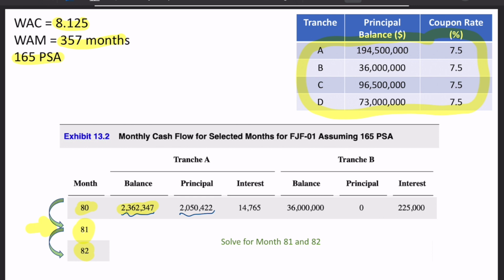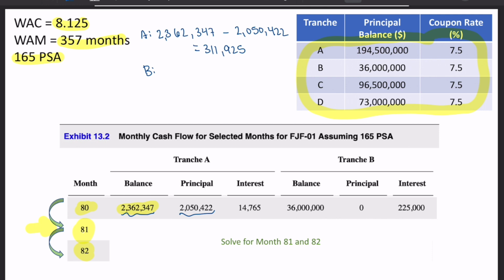So the ending balance for A should be $2,362,347 minus the principal. And that principal is the way it's displayed in the table. That is both scheduled principal and prepayment. So A ends up with $311,925.